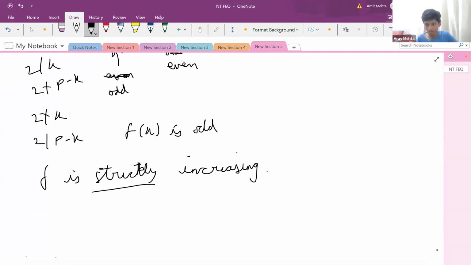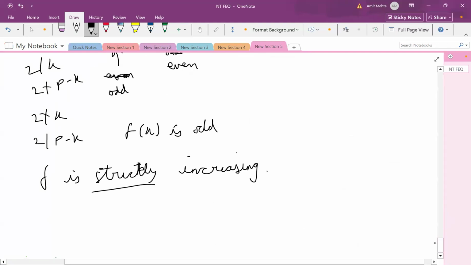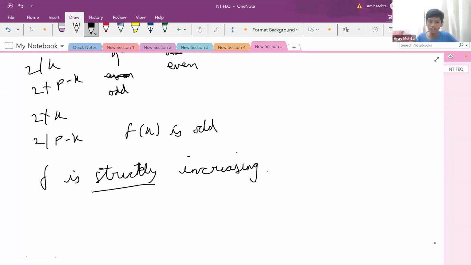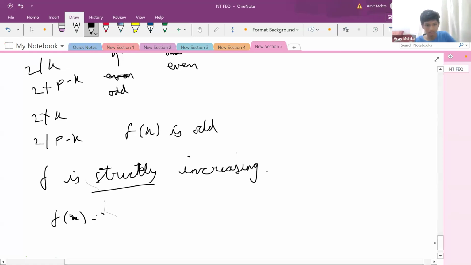Strictly increasing. So now this is really helpful. Yeah, it's quite strong. In fact, does anyone have an idea of what to do forward? We want to show f is identity, f of x equals x.